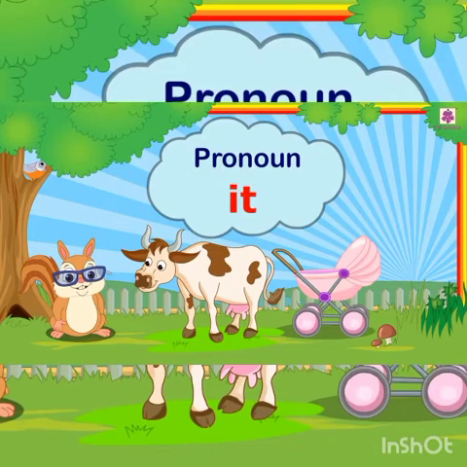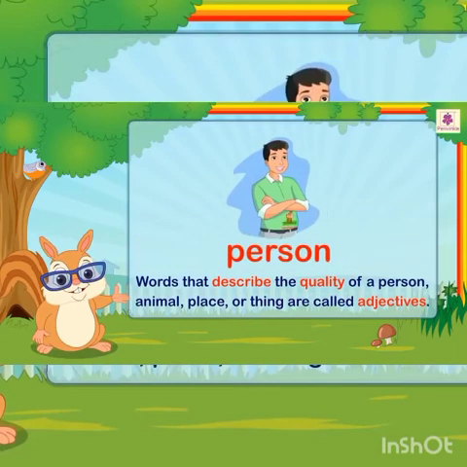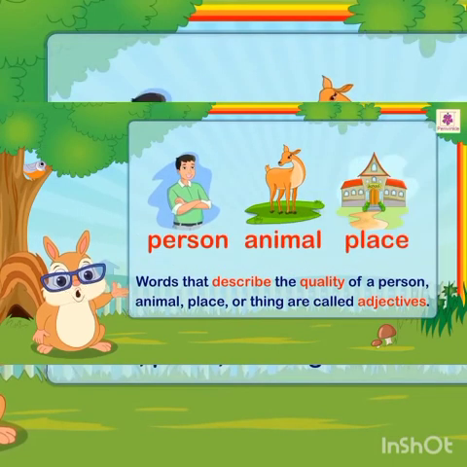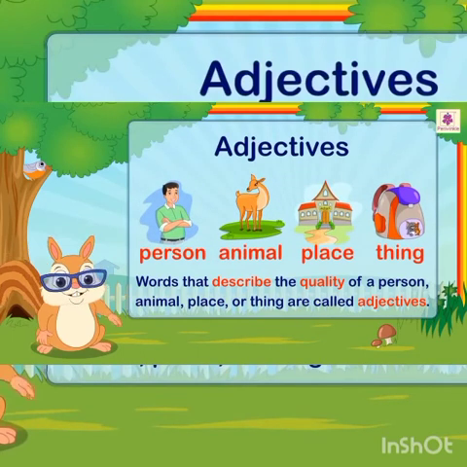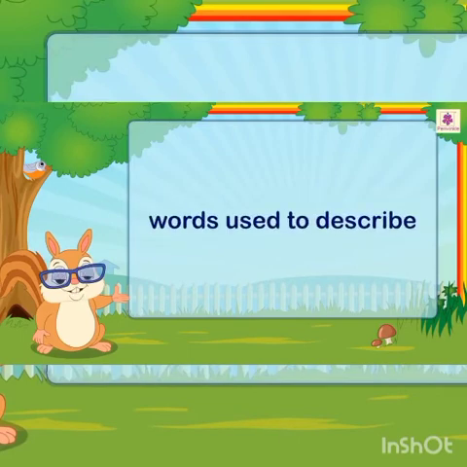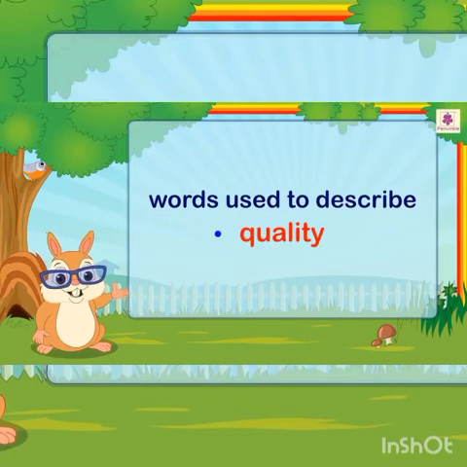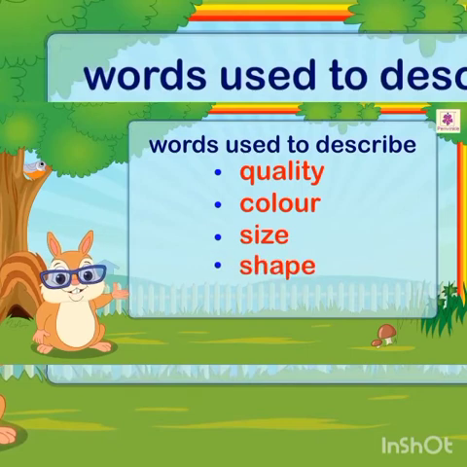Now it's time to revise our concept of adjectives. Students, words that describe the quality of a person, animal, place or thing are called adjectives. Students, words for numbers, colors, size and shape are also adjectives. So students, adjectives are the words used to describe quality, color, size, shape or number.